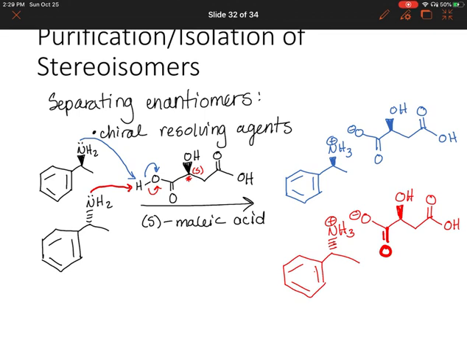Okay, so these are our two salts that we would end up with.